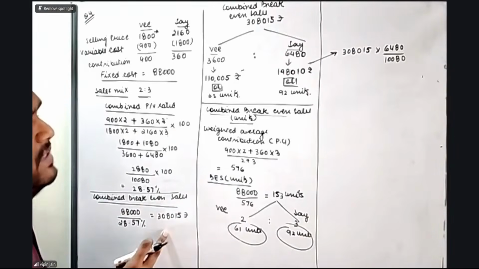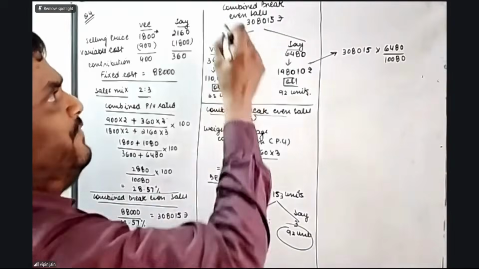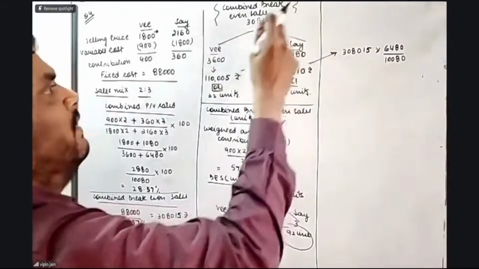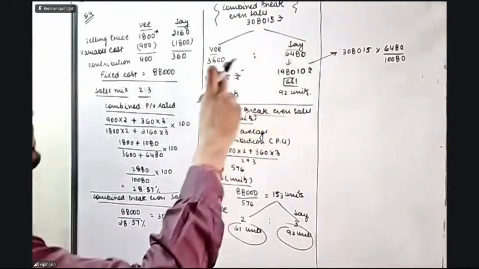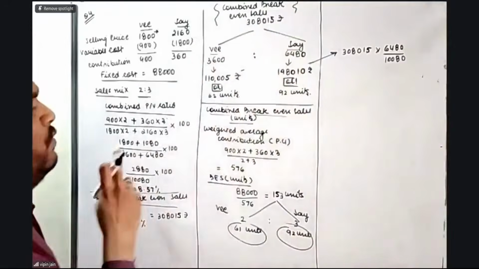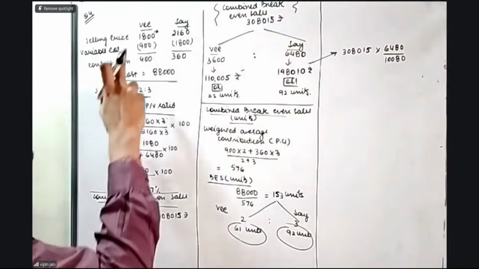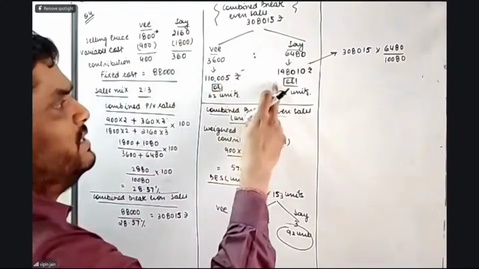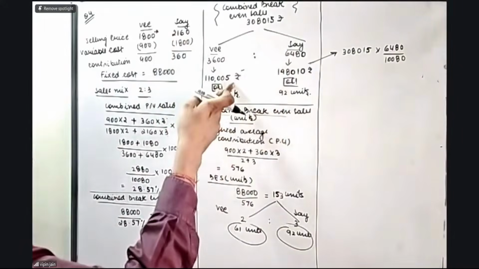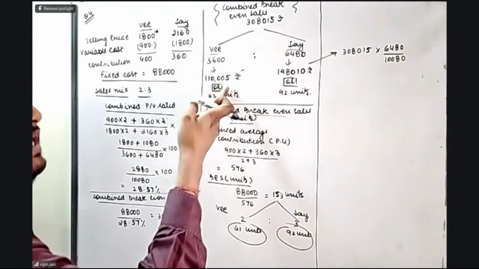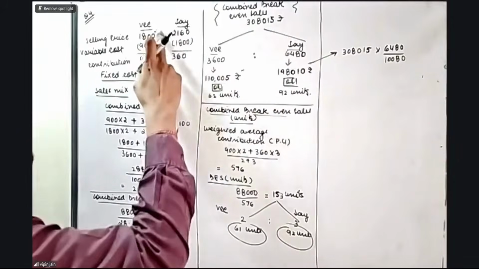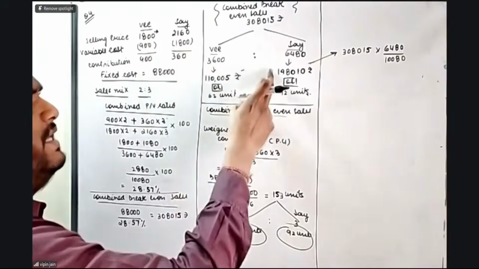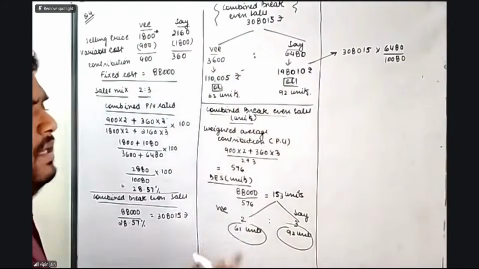Now, if the question asks you to calculate the individual break-even sales also, it will be distributed in the ratio of the total sales amount, that is 1800 into 2 and 2160 into 3. So this is how the sales will be distributed. If you want to calculate it in units, you can calculate it directly also. That is the sales divided by price, you will get the units.